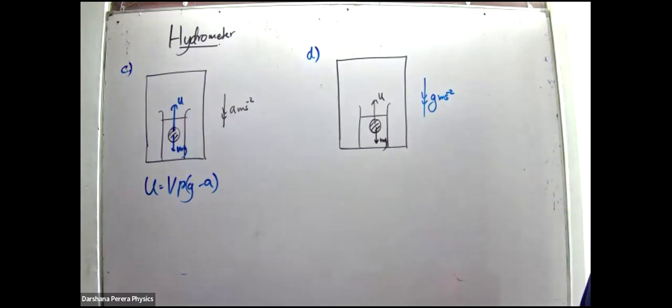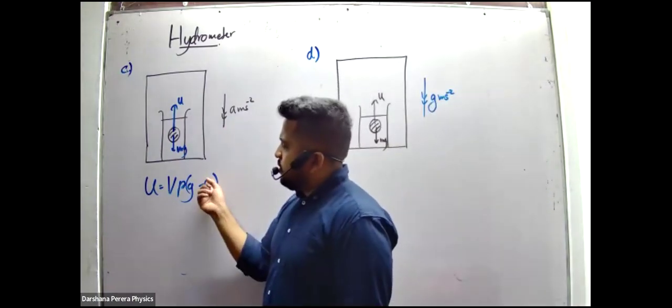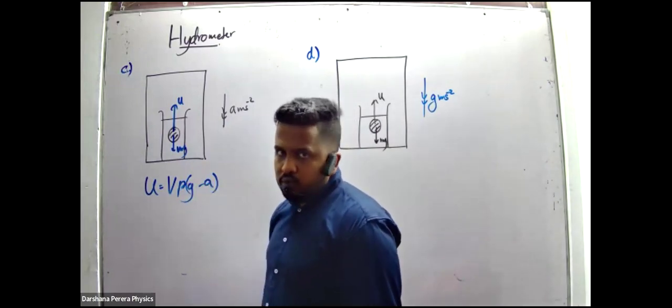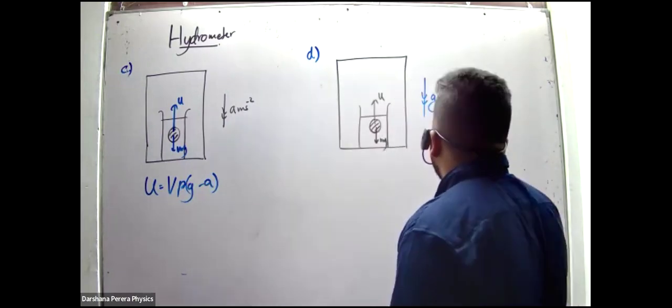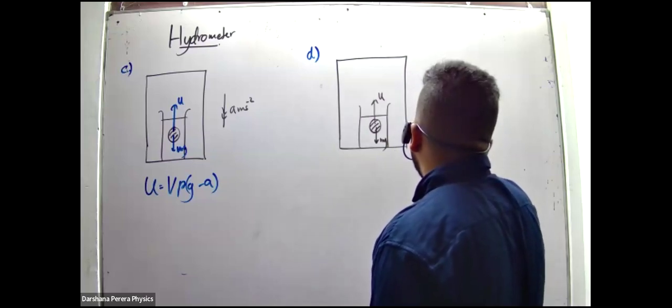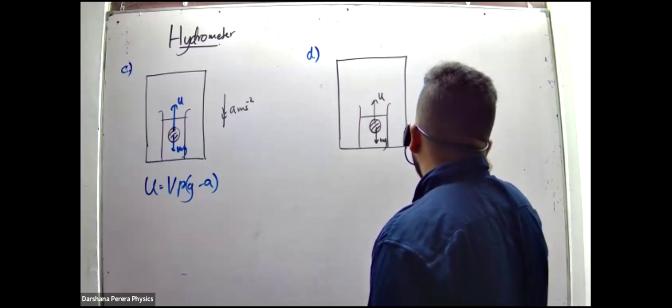What is the upthrust? What is the effective gravitational constant? G minus G, that means U equals 0. Why? U equals V rho (G minus G). Therefore, V rho 0. U equals 0.